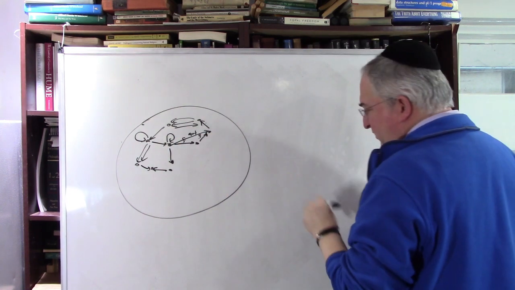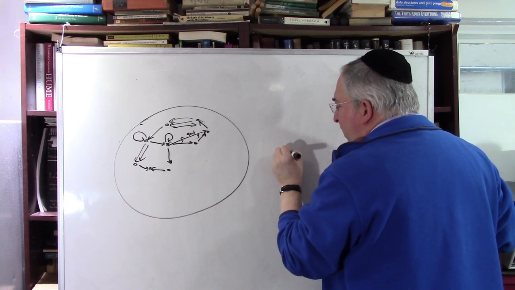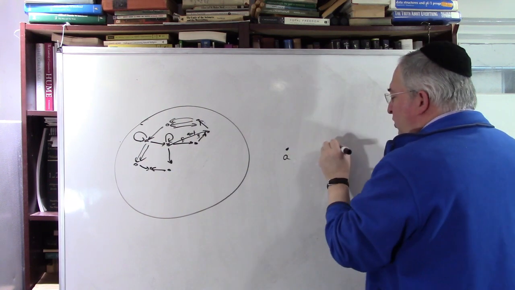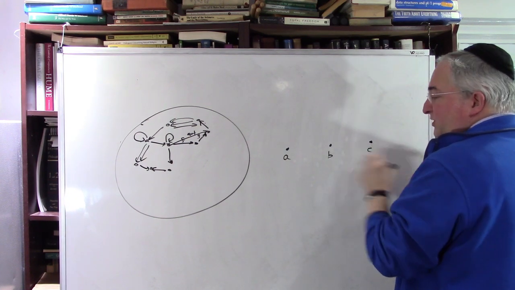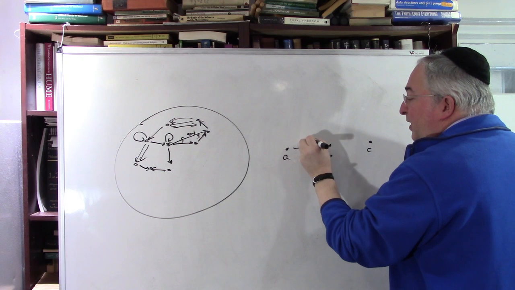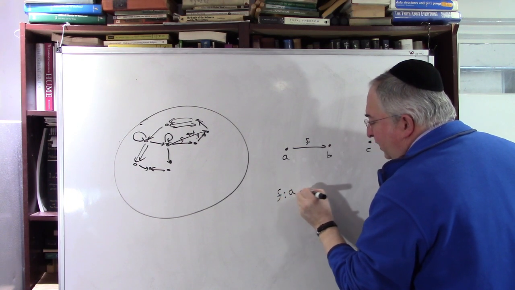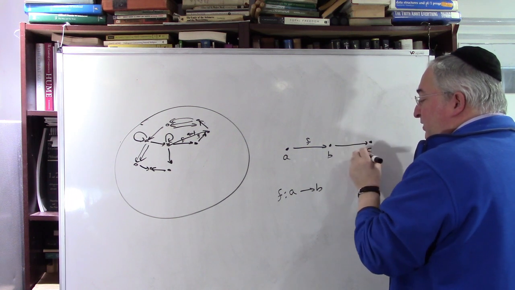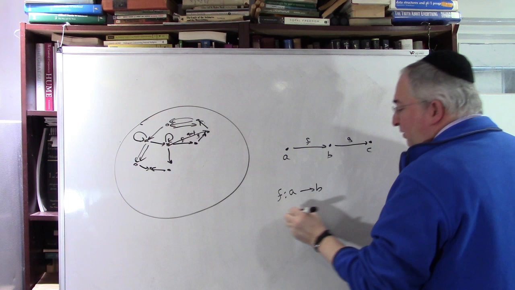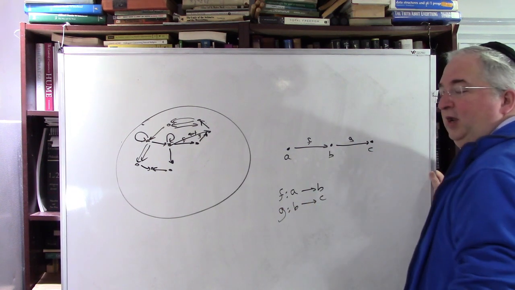Okay, so let's focus our attention now. Let's go inside a category. You might have an object, we'll call it A. You might have another object, we'll call it B, and another object, we'll call it C. You might have a map from A to B, and we write it like this: F goes from A to B. You might have another map from B to C, and we'll call that G. We say G goes from B to C. So here are two different ways of writing it.